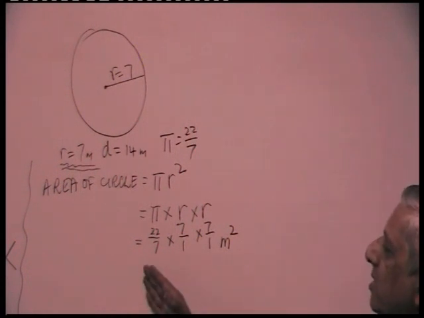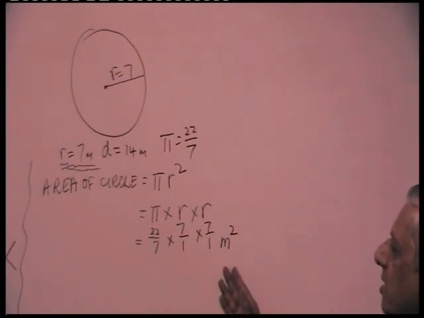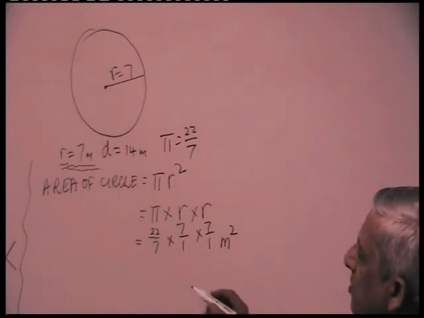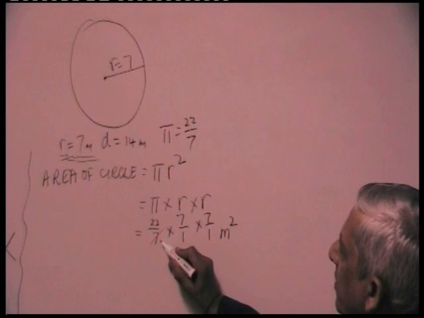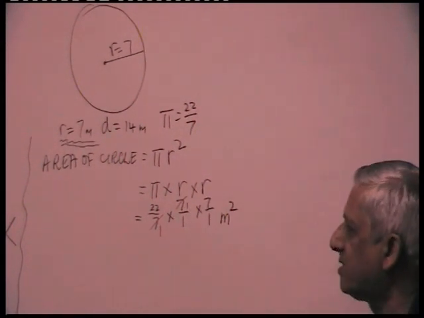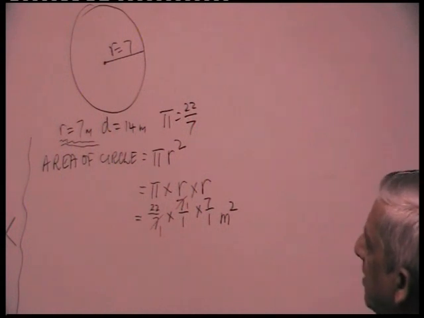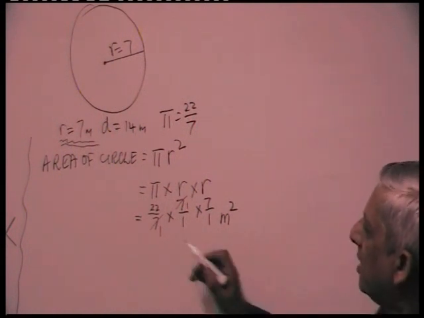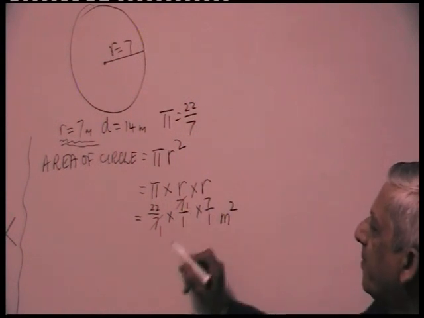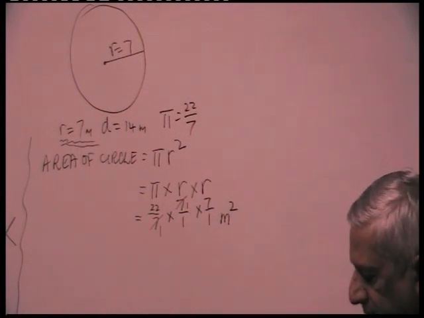Again, you have fractions, so you have to cancel. This 7 will cancel here one time and there one time. The word cancel and the word divide mean the same. So 7 divides into 7 one time, 7 divides into 7 one time. Now let's see what's left over.